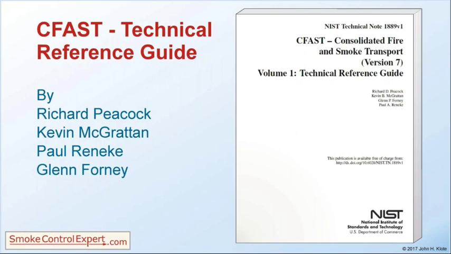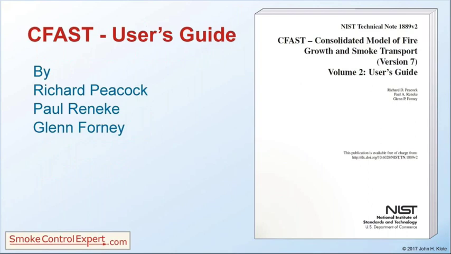As far as CFAST is concerned, when you download CFAST, you get a technical reference guide which has all of the information about the model, the technical information, the equations, and so forth that are used in the model. I have the authors there. You can read them probably faster than I can say them, so I won't get into that.